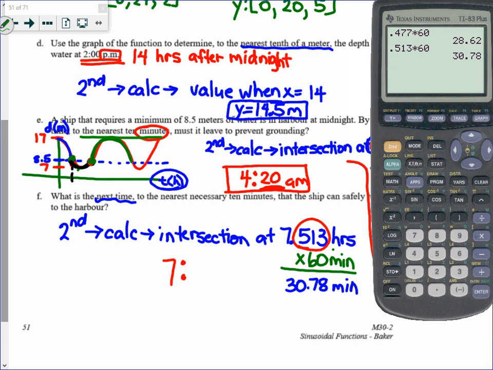So the next 10 minutes after that would actually be 7:40, right? Because we can't round down. Normally we would say, well, that would round to 30 minutes to the nearest 10 minutes, right? But we can't because 7:30 and just a hair more is this point where the waves are just at 8.5 meters. Okay, so in order for the ship to come safely back in, this time we're going to have to round up 10 minutes.